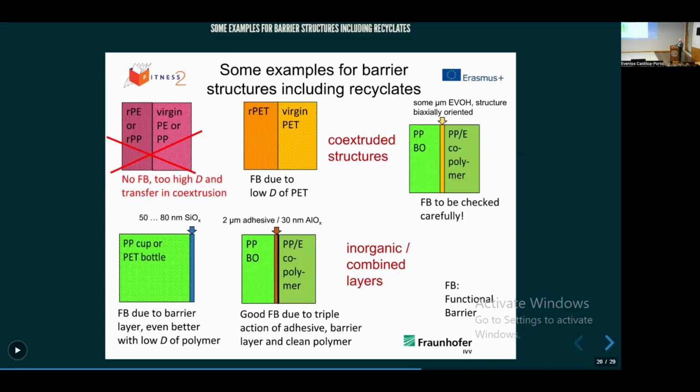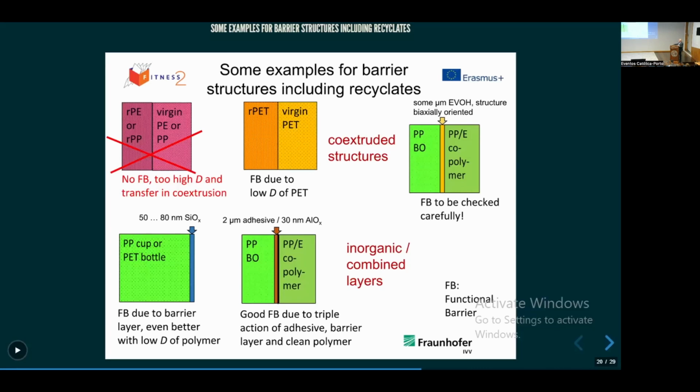So we had the same argument for the polystyrene in the presentation before. It depends on how much time you have. So the shelf life of the product is a decisive factor, and also the amount of contamination. Others talk about this kind of barrier layers: polypropylene, EVOH, and a sealable propylene ethylene copolymer.